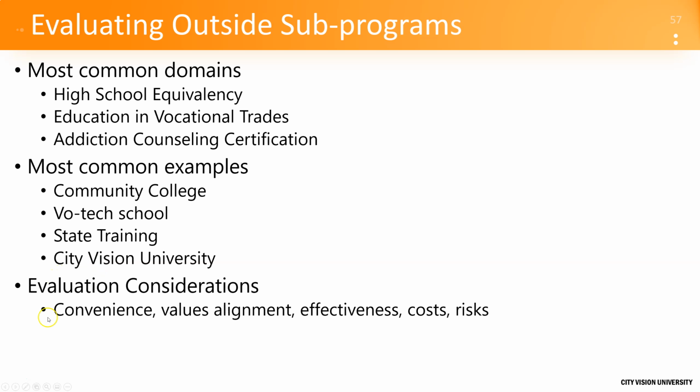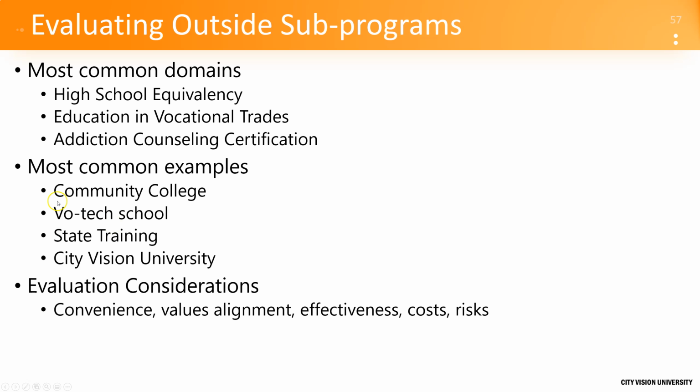And then the evaluation considerations are convenience, values alignment, effectiveness, cost, and what are the risks? You might send someone to a community college, but half the people at that community college might be using drugs regularly, and you might be putting them at risk of relapse, right? Or you might have issues with values alignment on what they're actually teaching. Now, if you're teaching welding, then you're probably less concerned about values alignment.